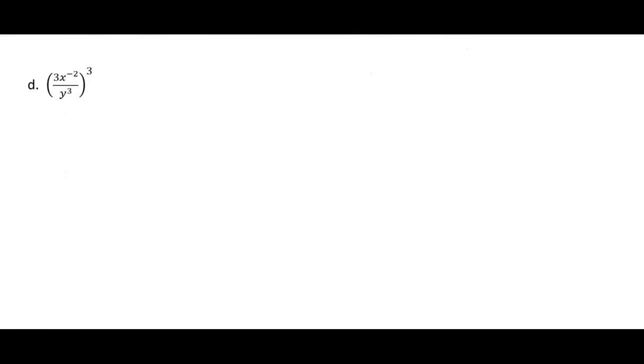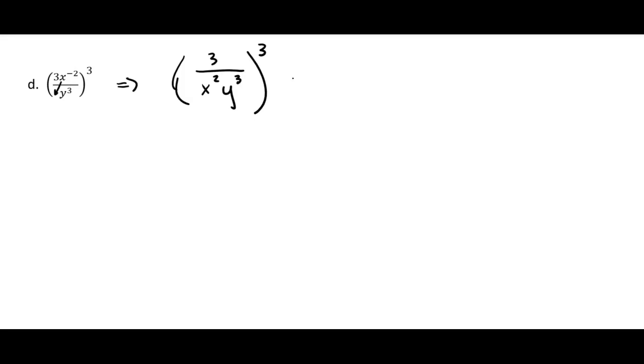Okay, so we've got one more example. I see a little negative exponent in there. I can either take care of it now or I can take care of it later. Let's take care of it now. So what I'm going to do is move that x to the negative 2 down to the bottom to become x squared. So then I'm going to have 3 over x squared y cubed, and all of that has an outer exponent of 3.